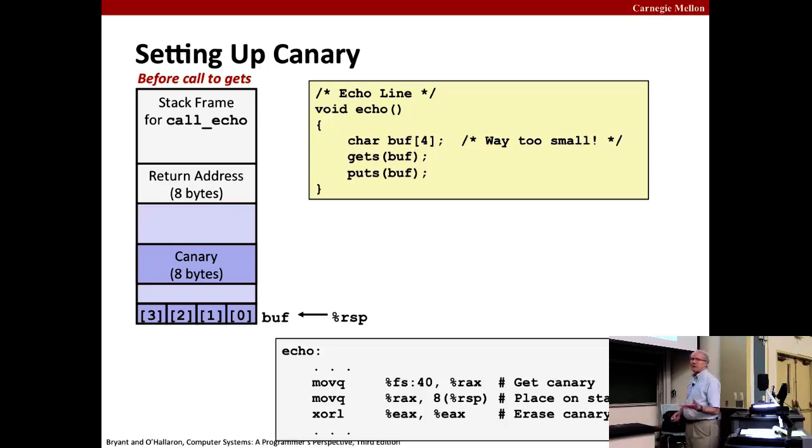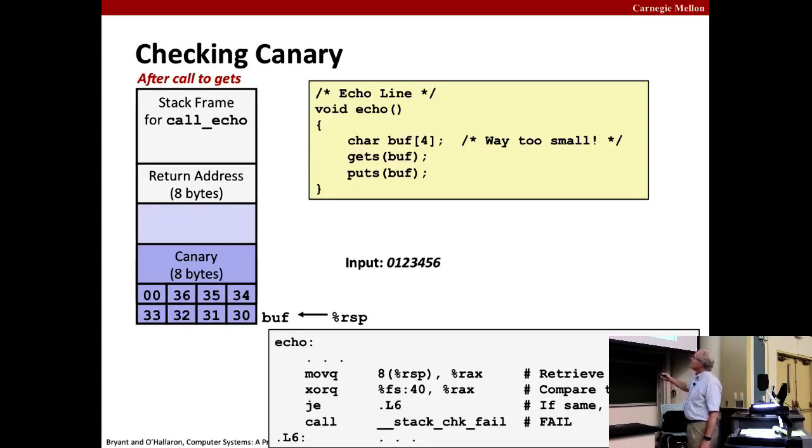And so that's the canary. Somehow it's grabbing 8 bytes from somewhere, storing it as this canary value. And then if you give, like, a 7-character input, you would affect the canary. And so what happens when it returns from the two calls to gets and puts, before it exits, what it's trying to detect is, has this buffer somehow overflowed and potentially put at risk of corrupting some other part of the stack?